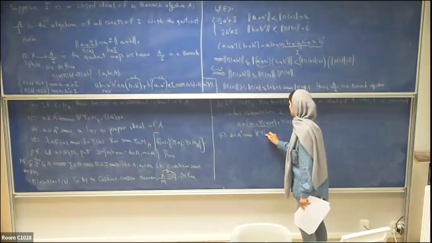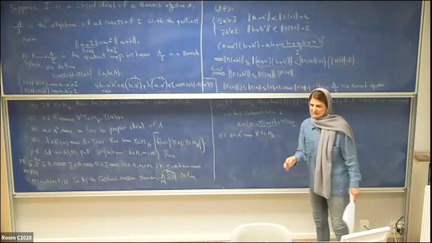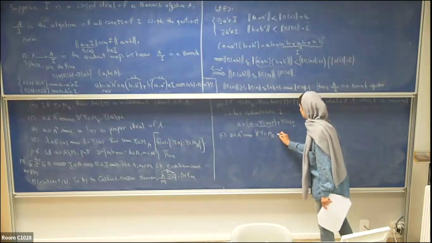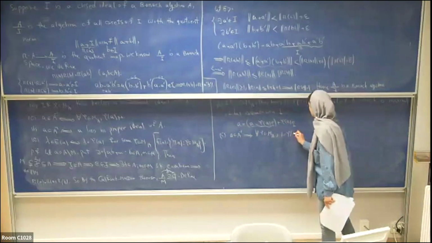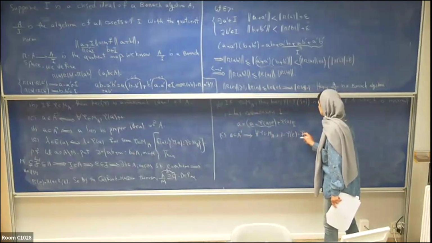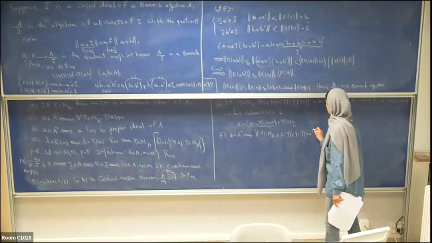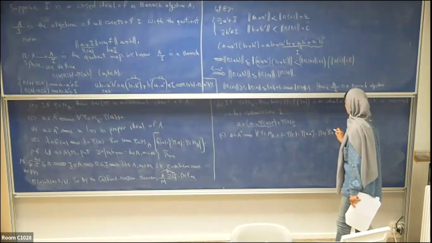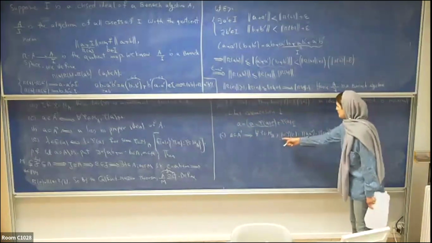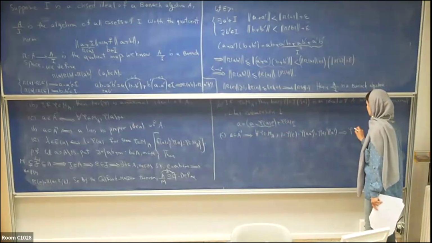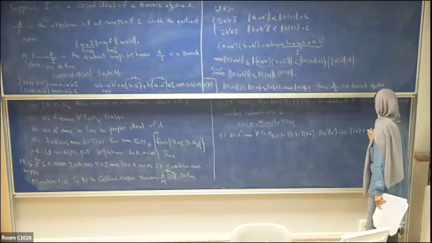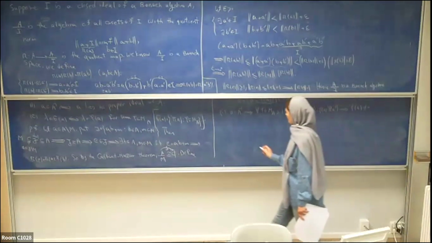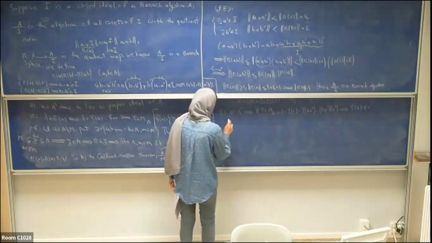For each phi in M of A, because it's not very long, I prefer to write it here. 1 is phi of E, and it can be considered as phi of A multiplied by A inverse. Then phi of A is not 0. For the converse, it's this part.